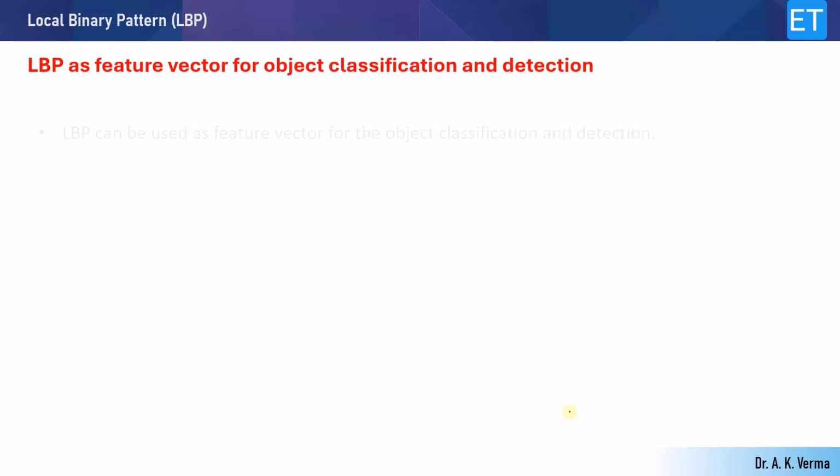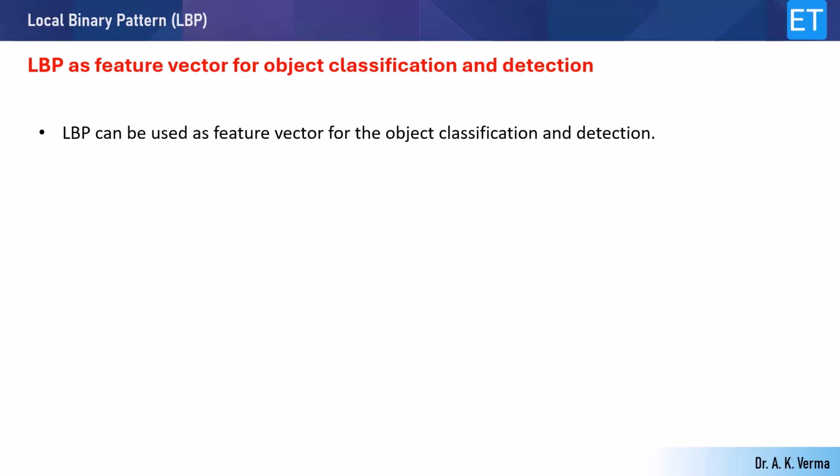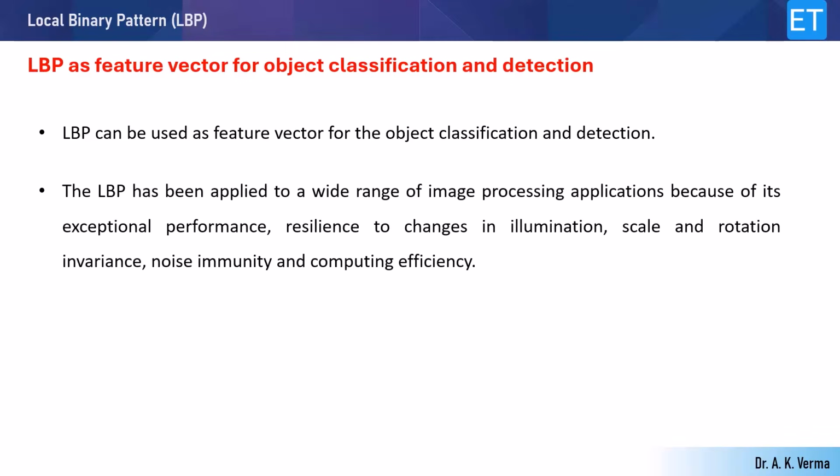So obviously LBP can be used as a feature vector for object classification and detection, as you have seen. LBP has been applied to a wide range of image processing applications because of its exceptional performance, resilience to changes in illumination, scale and rotation invariance, noise immunity, and computing efficiency.